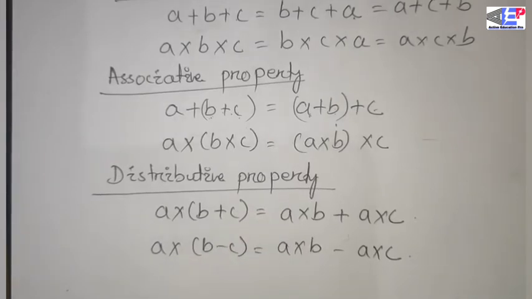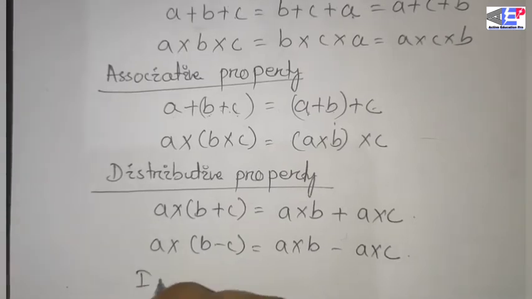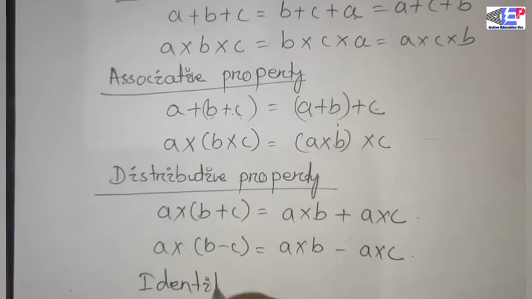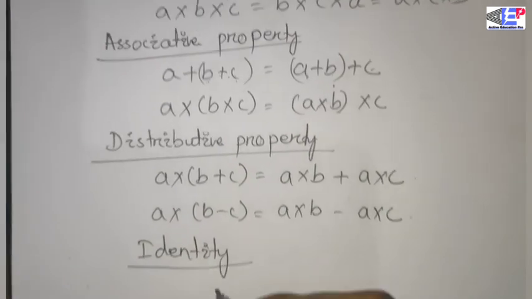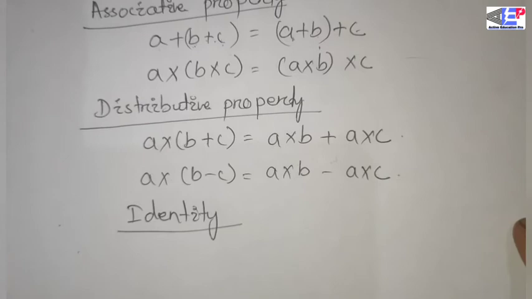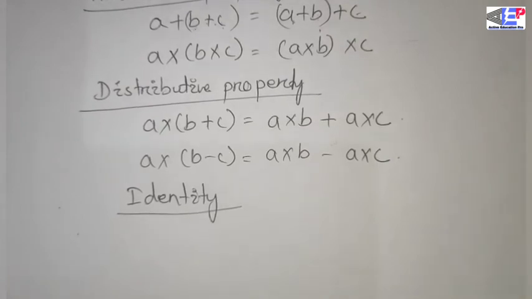Okay, and the next property, the most doubtful property, is identity and inverse. For class 6 students, it is a confusing matter. They don't know what identity and inverse are. First, let's go for identity. As you know, identity proof means originality.